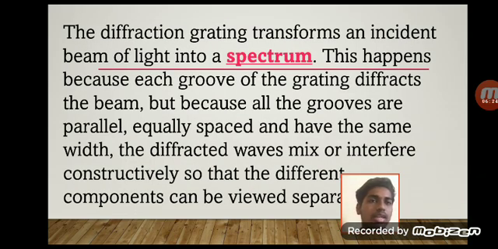The diffraction grating transforms an incident beam of light into a spectrum. This happens because each groove of the grating diffracts the beam, but because all the grooves are parallel, equally spaced, and have the same width, the diffracted waves mix or interfere constructively so that the different components can be viewed separately.